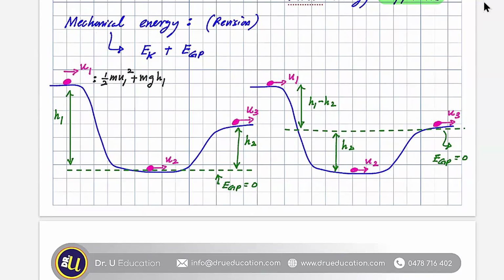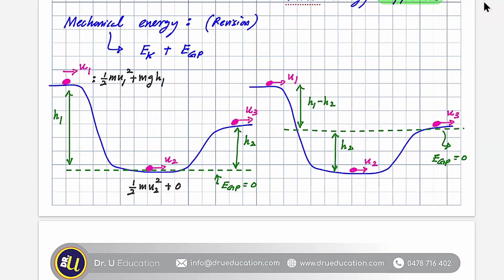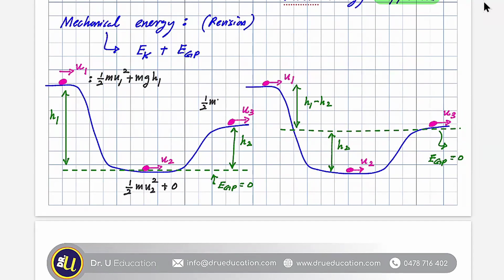For the other situation, it would be half m u2 squared, but potential is 0. Why? Because you are sitting on the gravitational potential energy 0 line. At this situation, half m u3 squared plus mgh2. Agree with me?